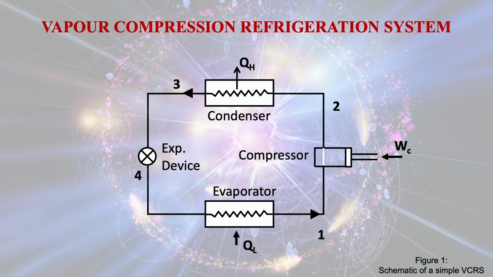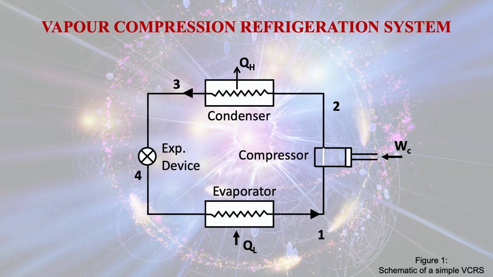So, point 1 is the exit point of the refrigerant from the evaporator as well as the entry point of the refrigerant in the compressor. Point 2 is the exit point of the refrigerant from the compressor, and point 2 is also the entry point of the refrigerant in the condenser.